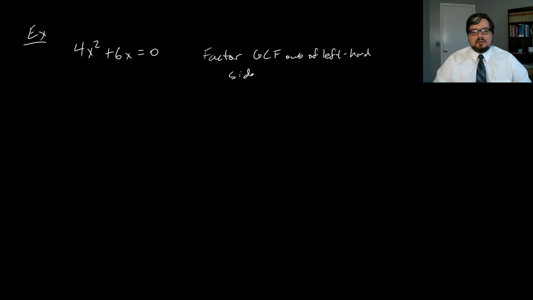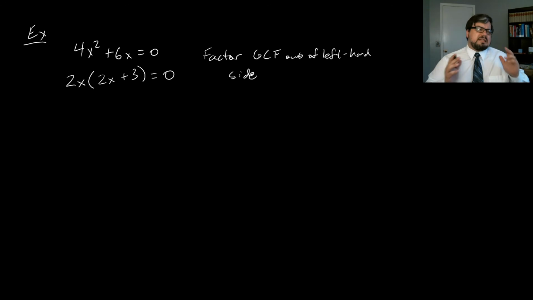In this case, we can just do this because we just have the two terms. And if we factor the greatest common factor of 2x out, we get 2x times (2x plus 3) equals 0. Well, now we can use the zero-factor theorem again.